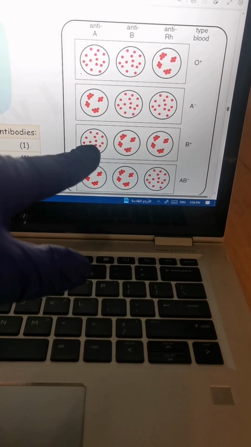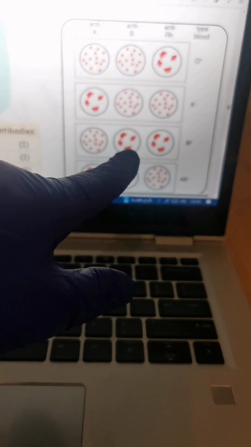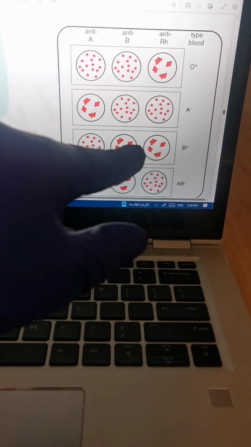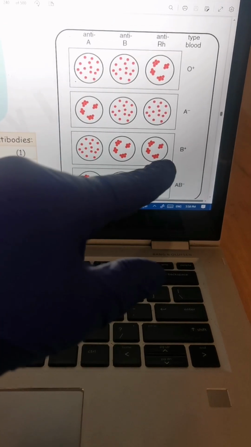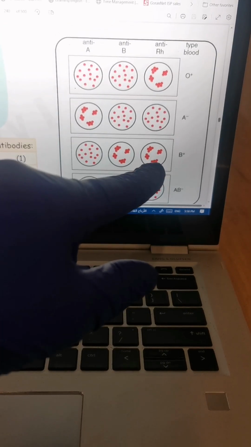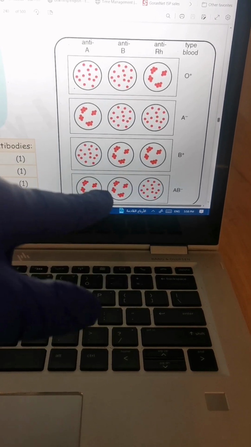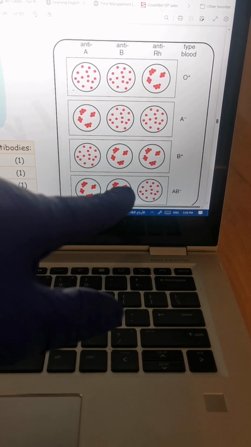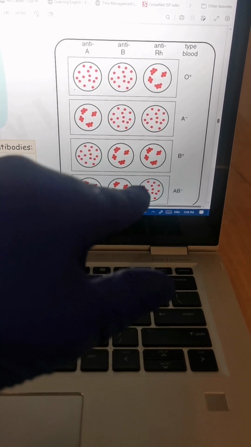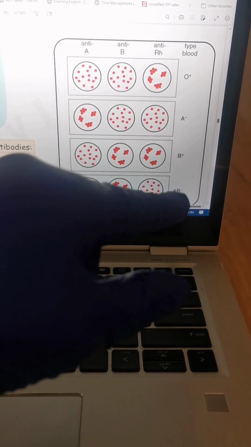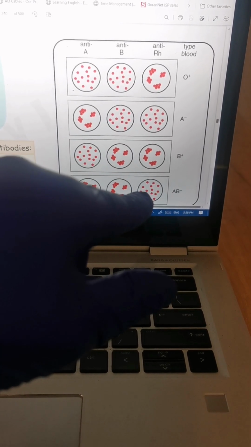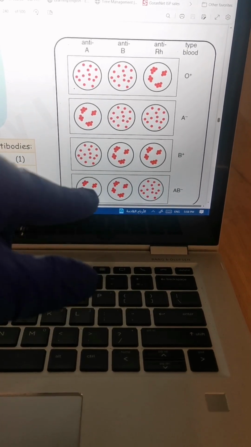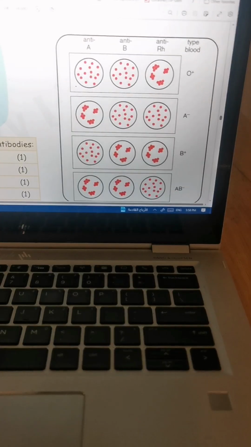In A, nothing happened, while in B, we have agglutination. It means this blood group has B antigen and also RH antigen, so we say B positive. What about the last one? He or she has A and B antigen, but doesn't have RH antigen, so we say this blood group is AB negative.